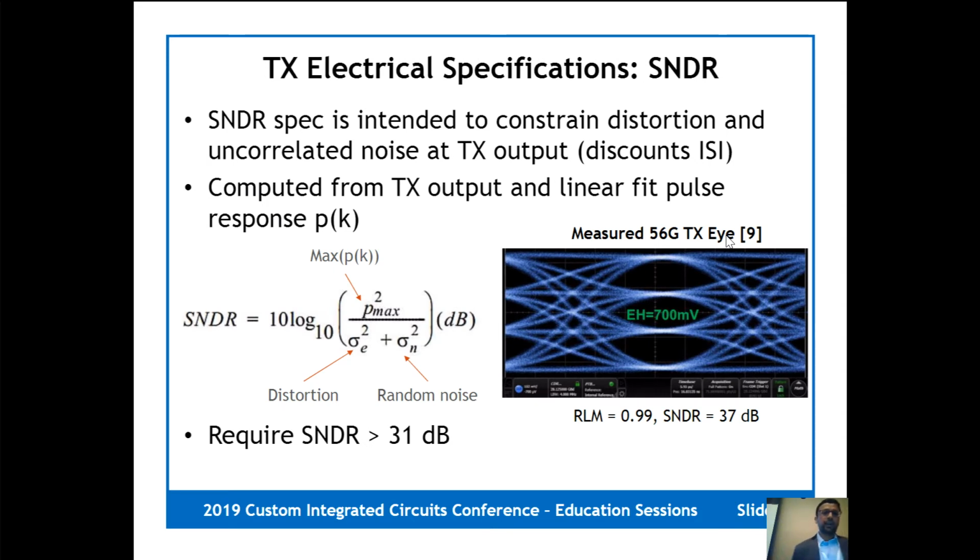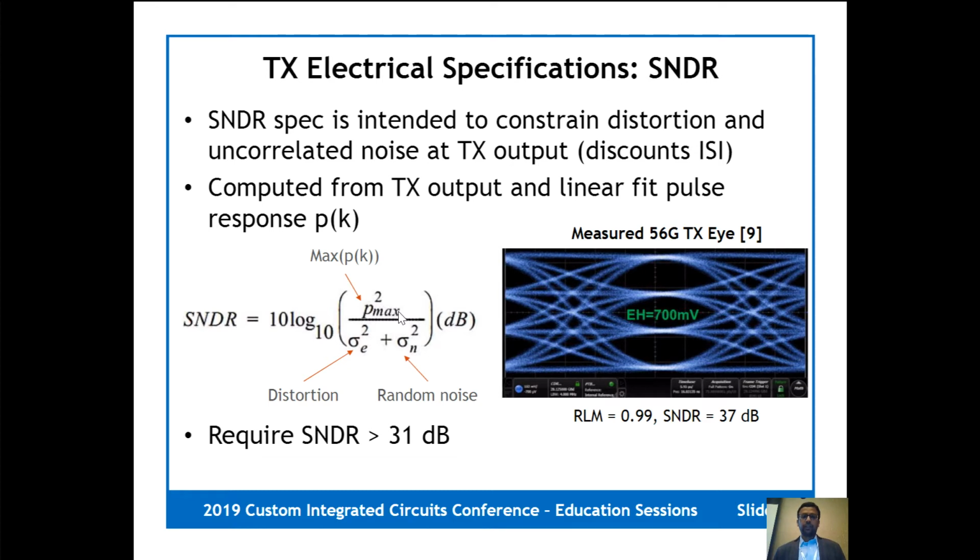Another spec that is intended to constrain the amount of nonlinearity and distortion that can be introduced in the signal chain on the transmit side is the signal to noise and distortion ratio, or SNDR spec.